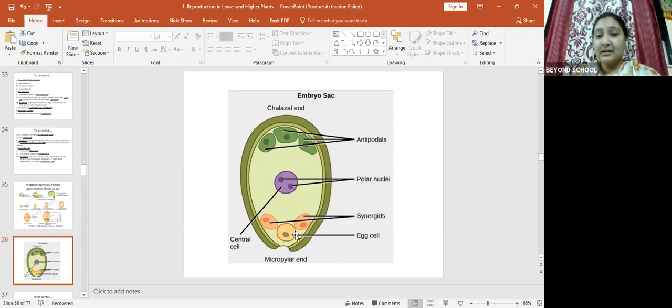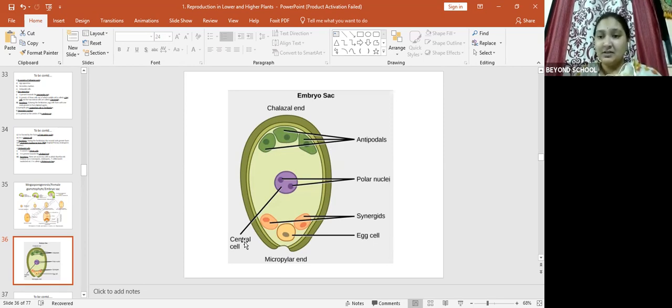In the downward direction there are three cells: two synergids, and in the middle an egg cell. In the upward direction we call them antipodal cells. In the center are the polar nuclei, hence it is also called the central cell.